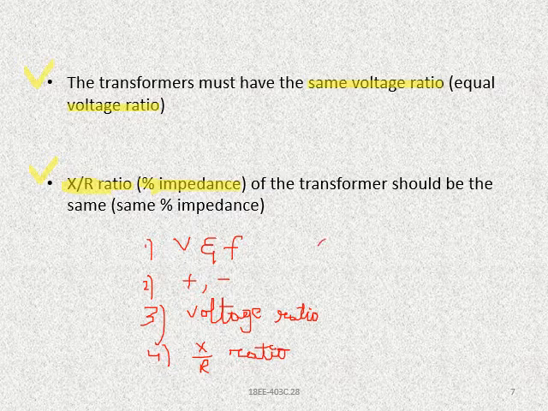Simply you can note these four points in a shortcut way. So these are the four conditions which have to be met in order to connect the two transformers in parallel.